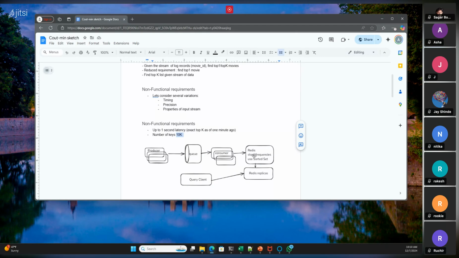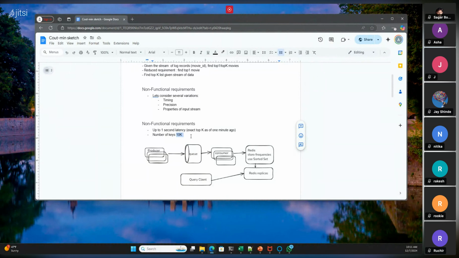Redis is a key value store with an extremely high response rate. It can have 100,000 concurrent connections, and it can do single millisecond put and get operations. So it is very scalable for processing this stream.